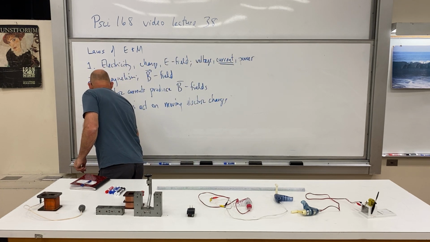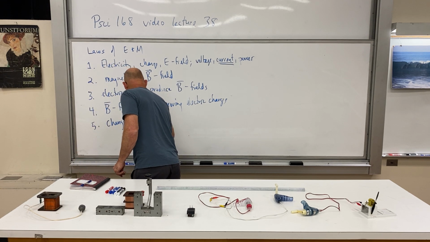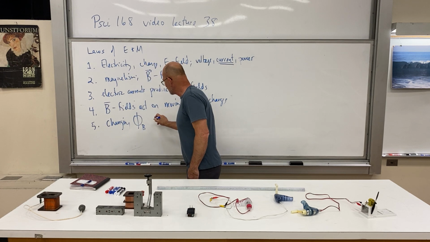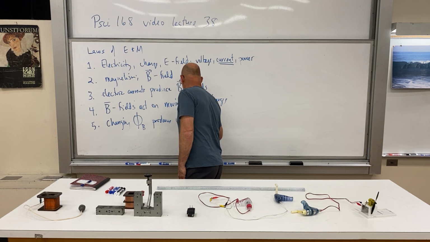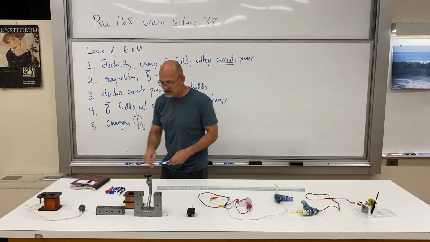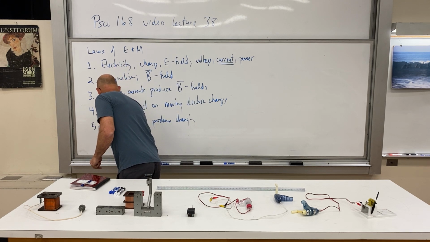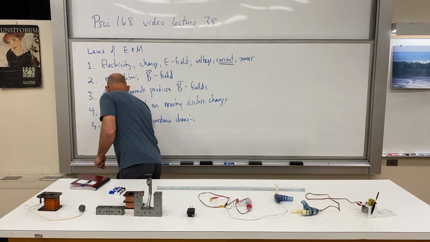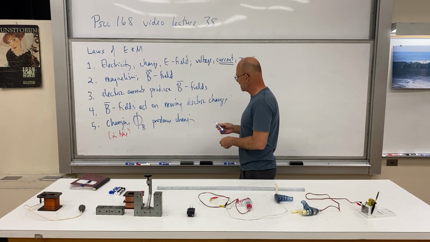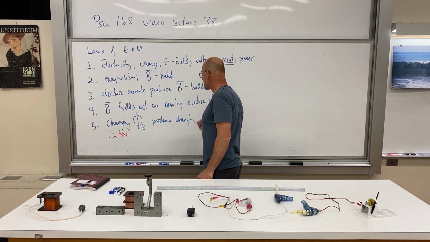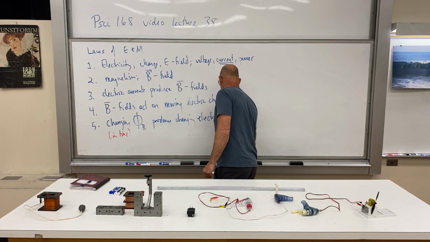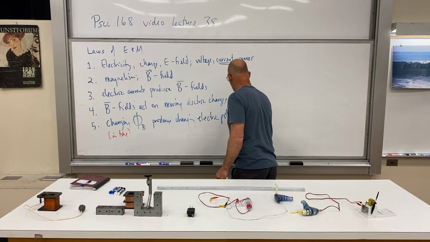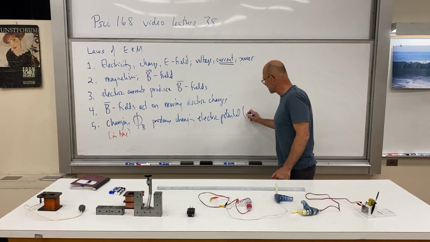So changing magnetic flux, and that is phi sub B, changing in time produces a changing electric potential, by which we also mean voltage.